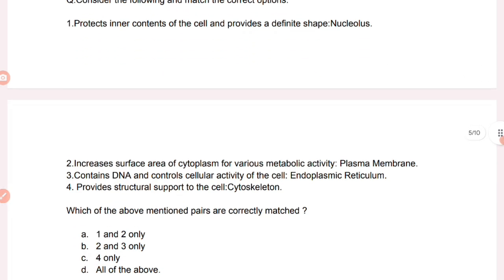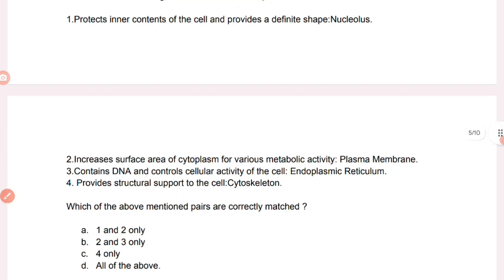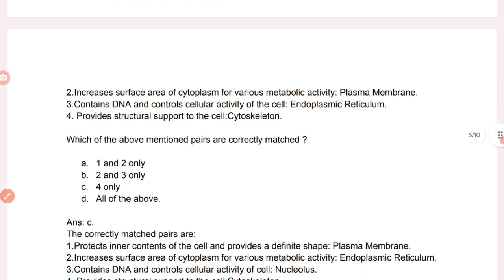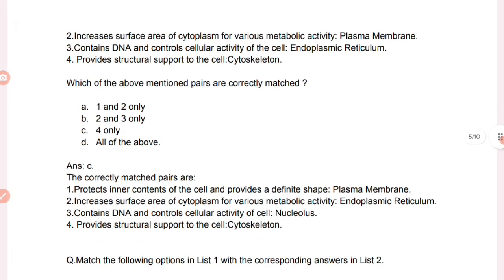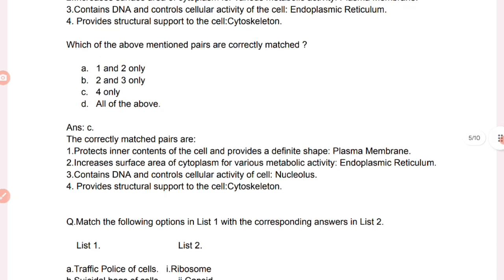Consider the following and match the correct option. Protects inner contents of the cell and provides a definite shape. So what it is? Nucleolus. So no, it is known as plasma membrane. Increases surface area of cytoplasm for various metabolic activities.